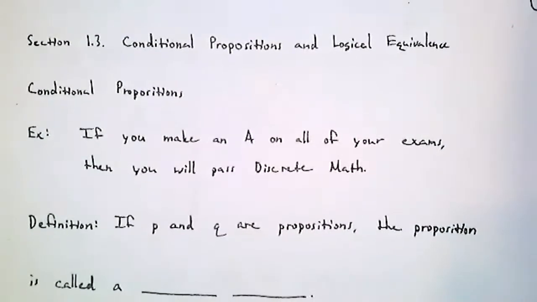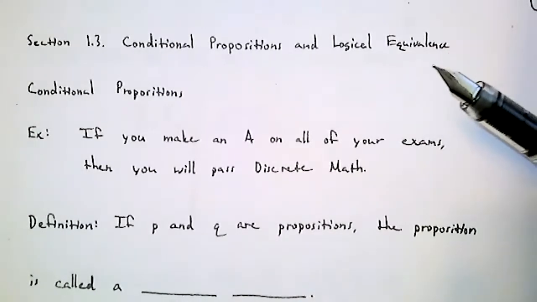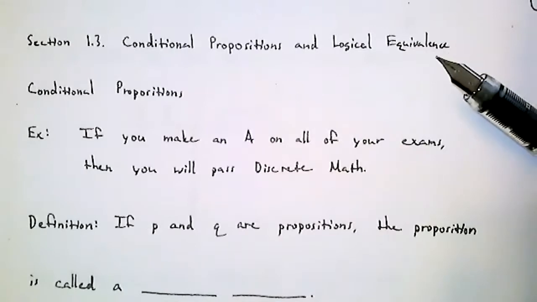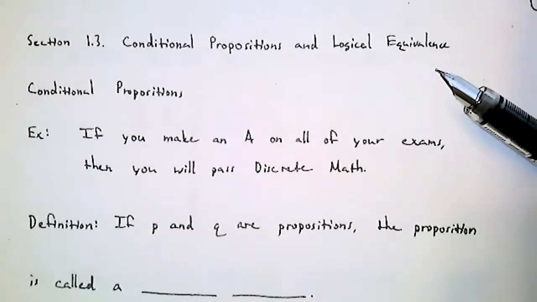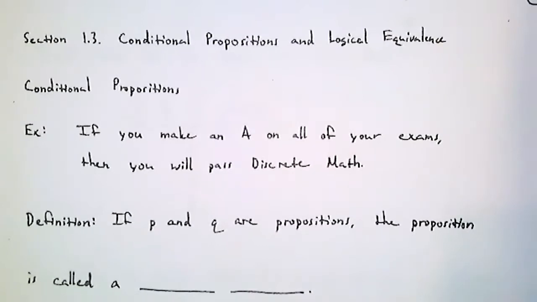Okay, so the next section, moving along, we're going to talk about what are called conditional propositions and logical equivalence. So last time on Wednesday, we were talking about logical connectives, ways of putting propositions together.